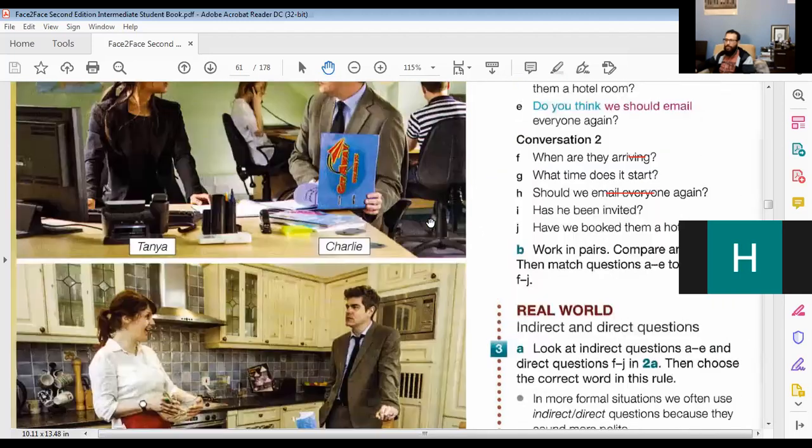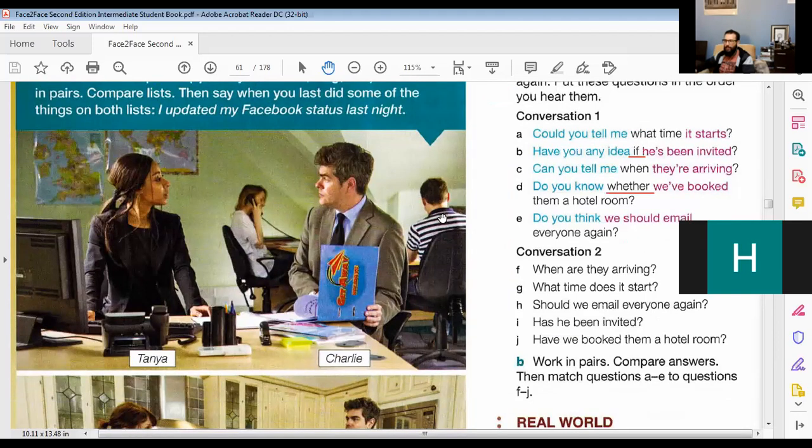So let's check. Do we have a question word in these two sentences, or we don't have a question word? We don't have. Maybe here. Do you? It means what and where, and yeah, they're talking about WH question words. There isn't.